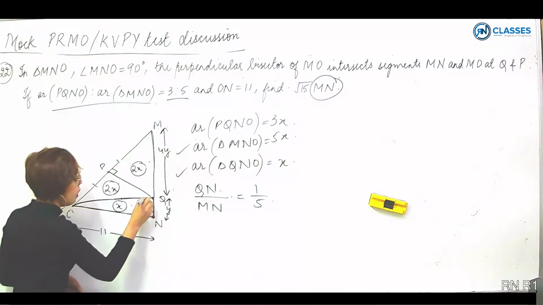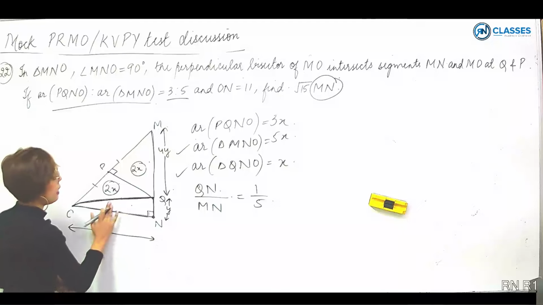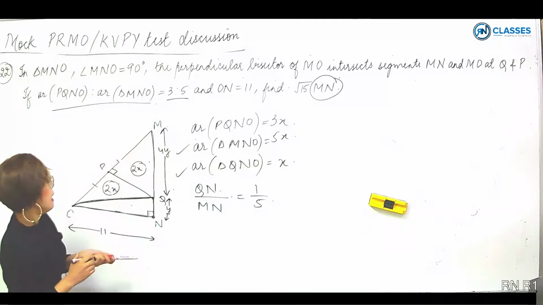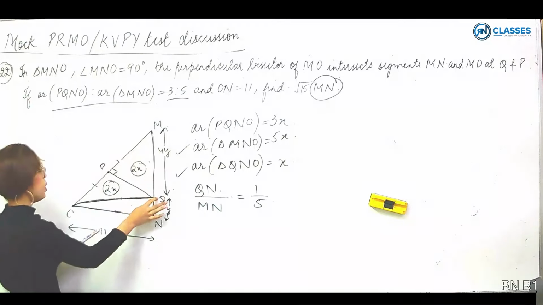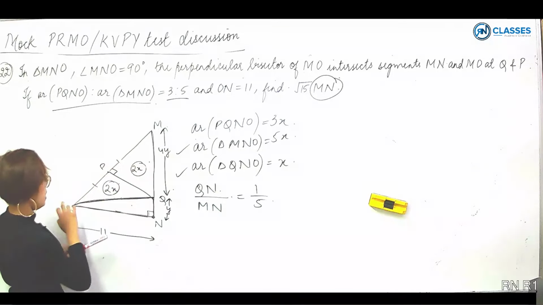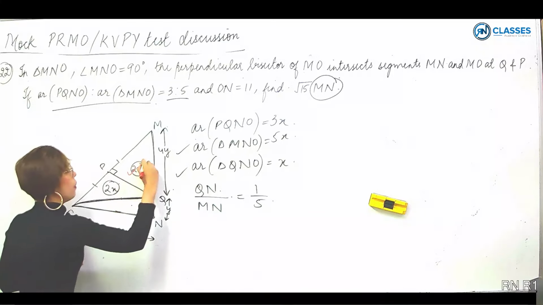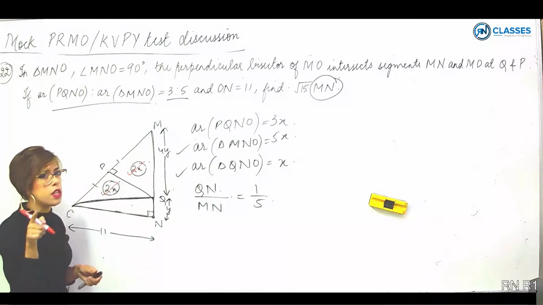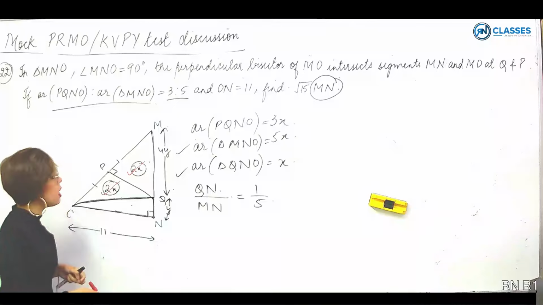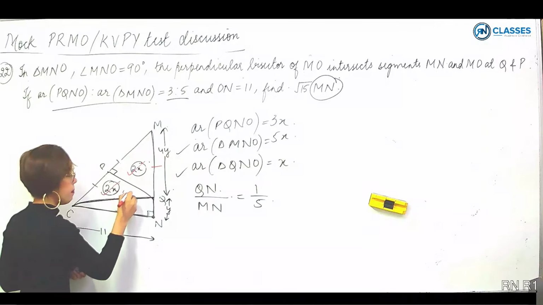This is y. Do I know this length QO in terms of y? Can I see that MQP and QOP are actually congruent triangles? I have not said it in corresponding manner, but you can write it. So can I say that if this is 4y, this also will be 4y?